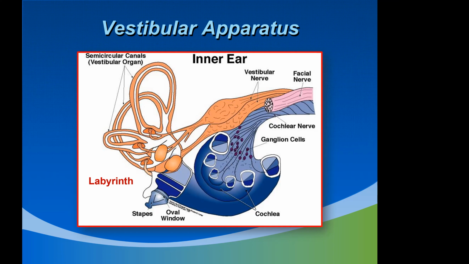Man has unstable equilibrium because his base is so small, and his body weight and height are so high. For him to be stable, he requires split-second information about position, which is grabbed by the semicircular canals.